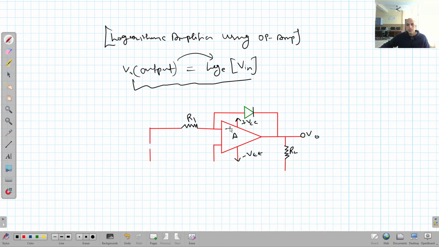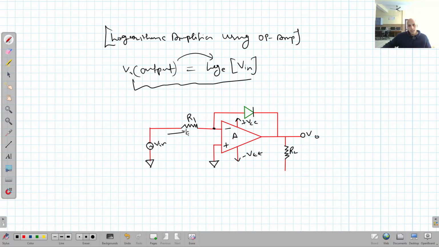This is negative, this is positive, the inverting terminal and the non-inverting terminal. It is at virtual ground, right? And this is the input signal applied here, and it is again at virtual ground, right? So this is the circuit diagram of this logarithmic amplifier, right?